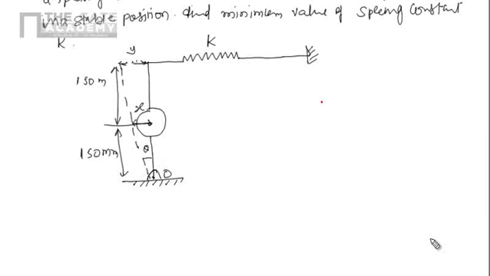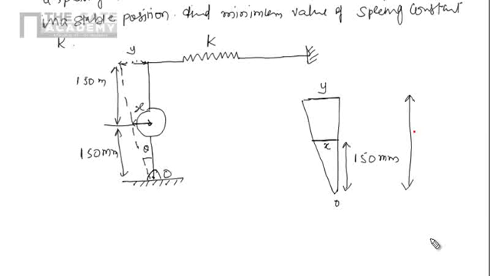So if we see this, I can draw a triangle here. Here we are having the point O. This distance is x, which is at a distance of 150 mm, and this is y, which is at a distance of 300, and this distance we can say that it is 150.